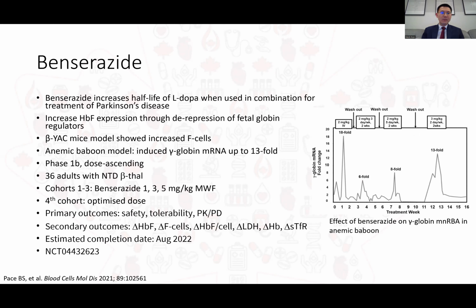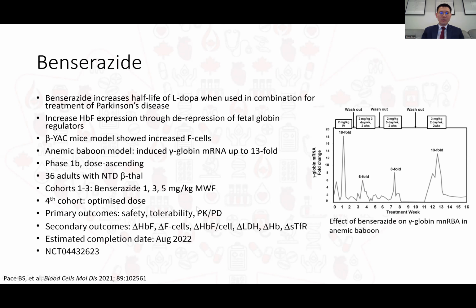Therefore, a phase 1b dose escalating study was embarked upon with a target recruitment of 36 patients with non-transfusion dependent beta thalassemia. Cohorts 1 to 3 include benserazide at 1, 3, and 5 milligrams per kilogram Monday, Wednesday, Friday per week.